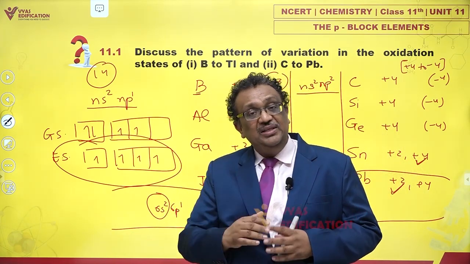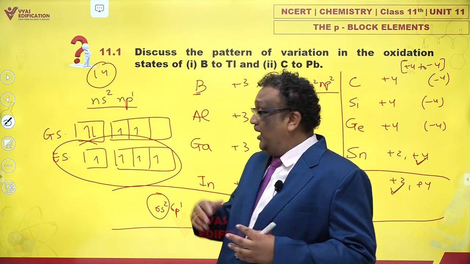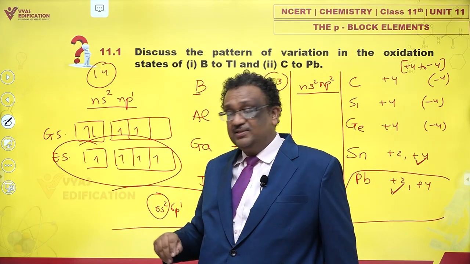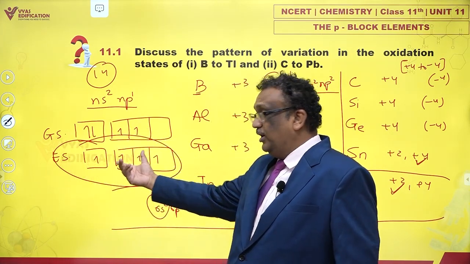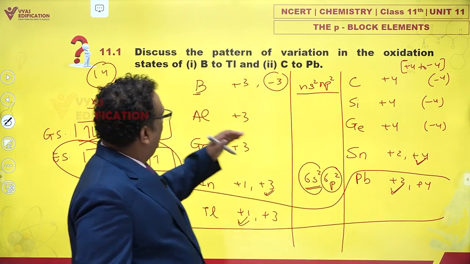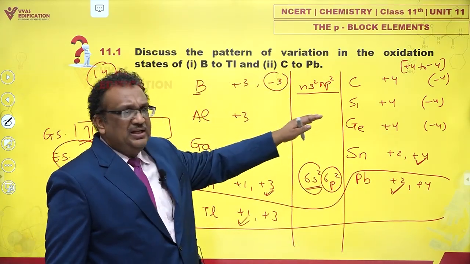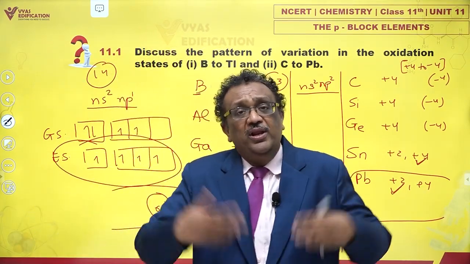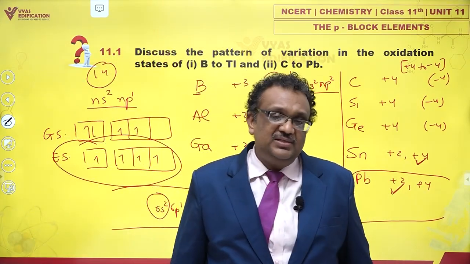If the bond strength is less, and you are forming extra 2 bonds in case you show excitation, usually what happens with the higher up ones, carbon, silicon, germanium or boron, aluminum, gallium, is that more number of bonds means more energy is released. This is profitable business.